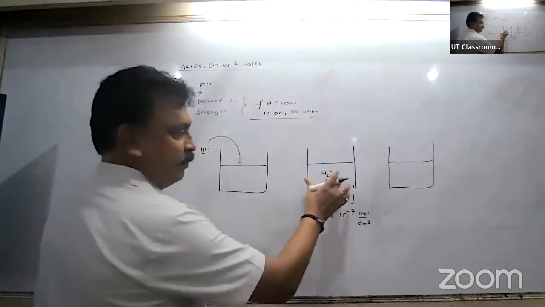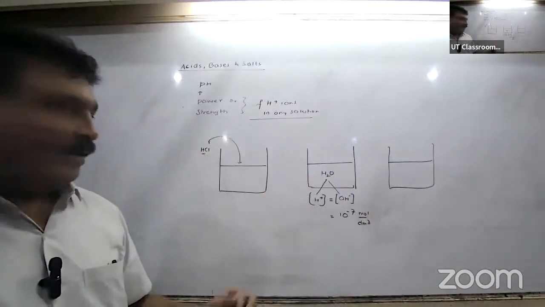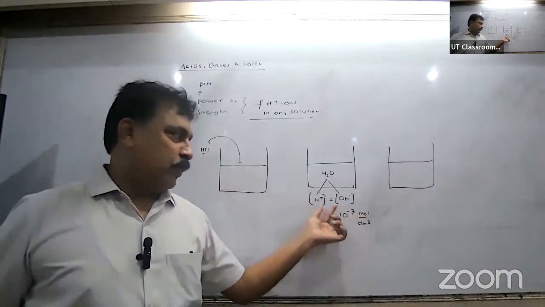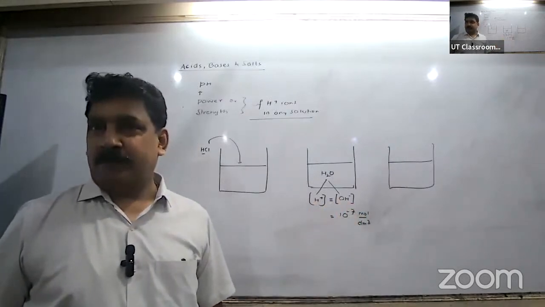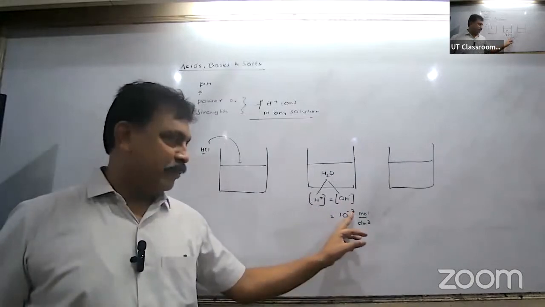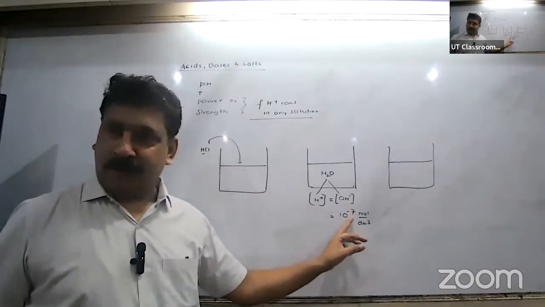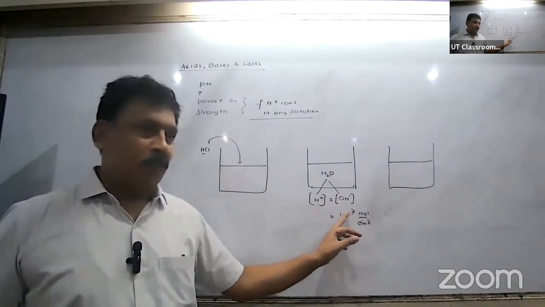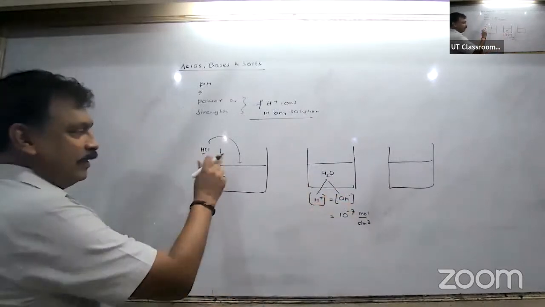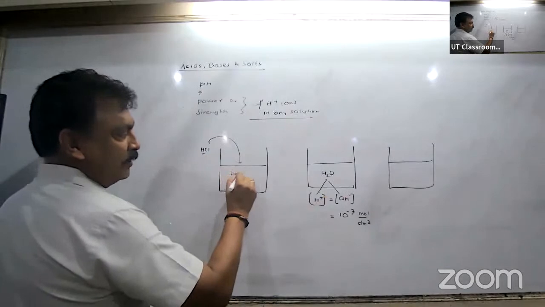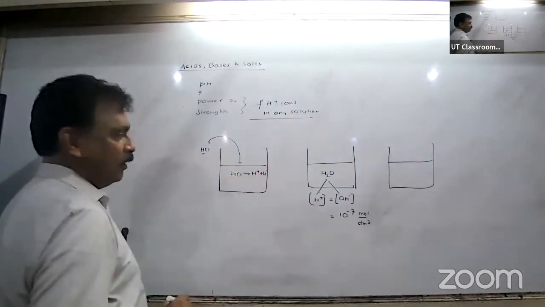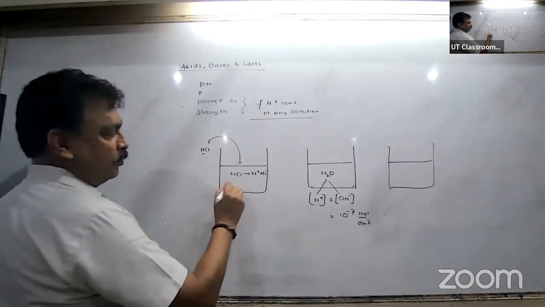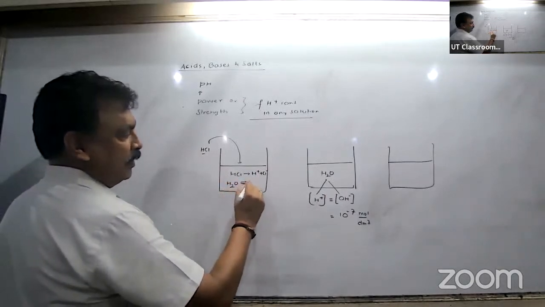That means if you have taken 1 litre of water, then so many moles of H plus ions and so many moles of OH minus ions will be present, which is 10 raised to a negative power. Last time we mentioned this. Now, suppose you add acid. The acid contributes H plus ions and Cl minus ions, and water also contributes H plus ions.